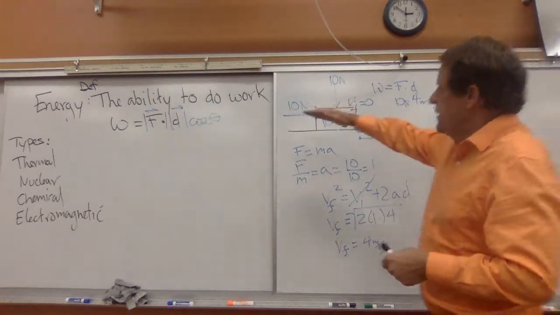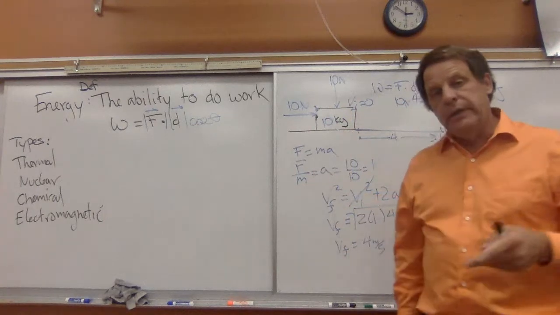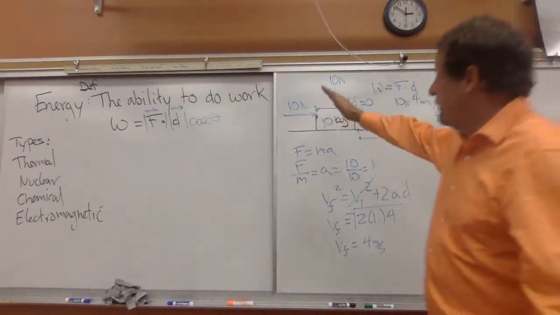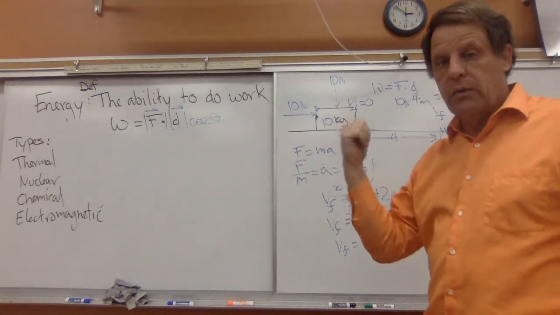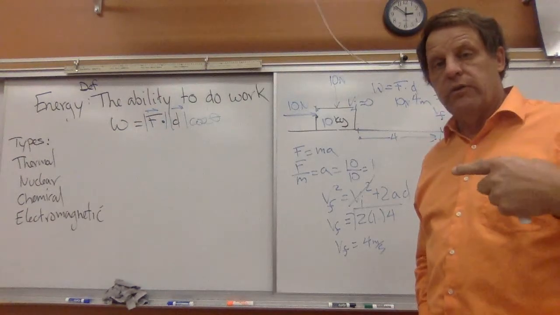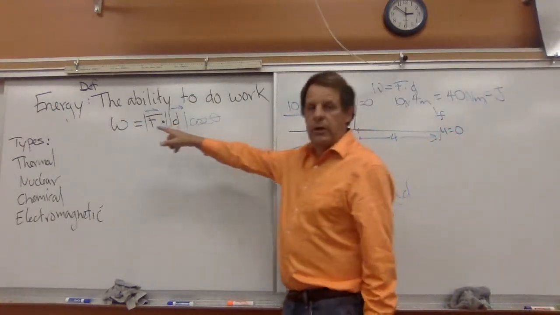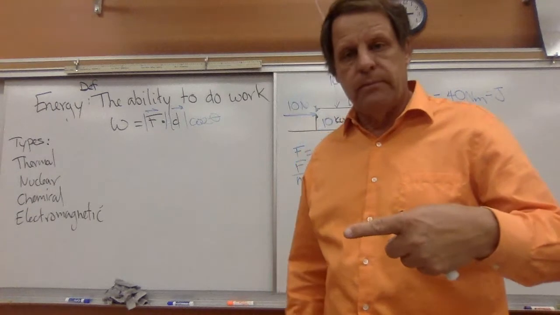Now if we change that angle, then it's going to change the overall speed, because some of the energy that we are giving, some of those force components, are not going in the x direction. So we're only going to want the components that are in the x direction. So again, we can think of work as force times distance, as long as they're going in the same direction.